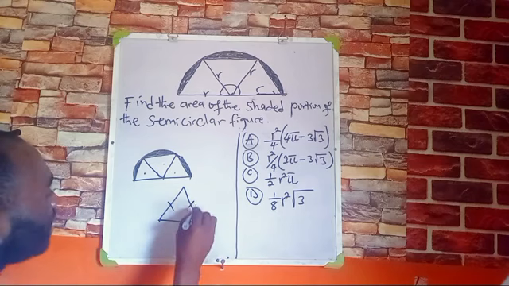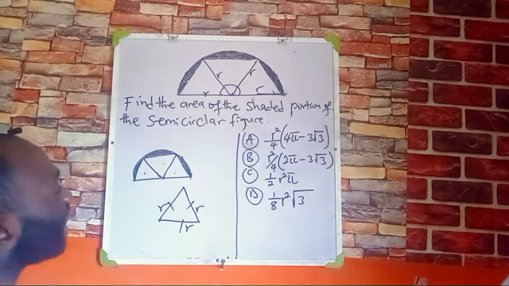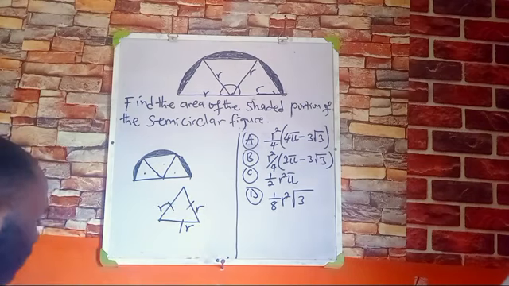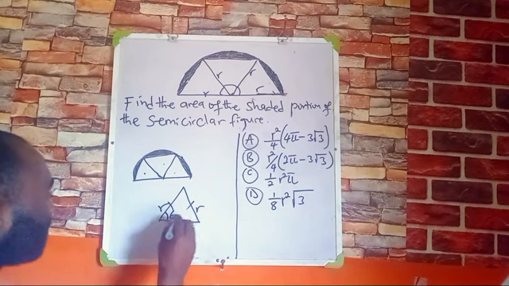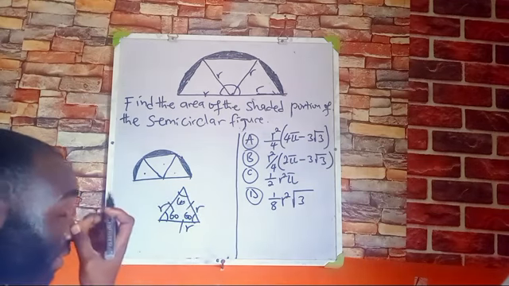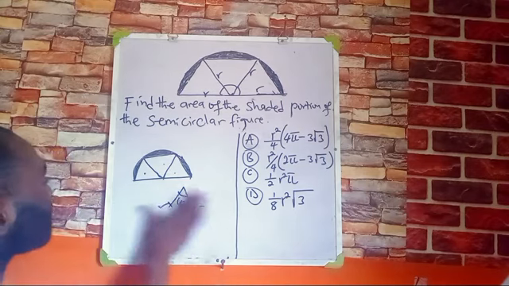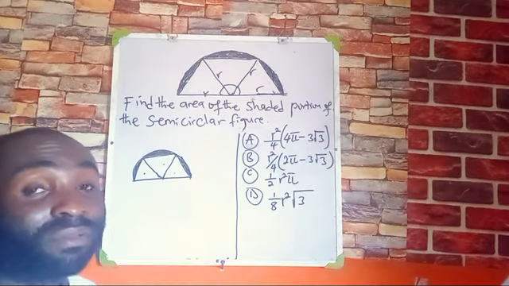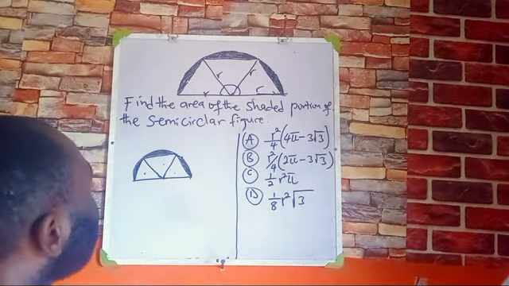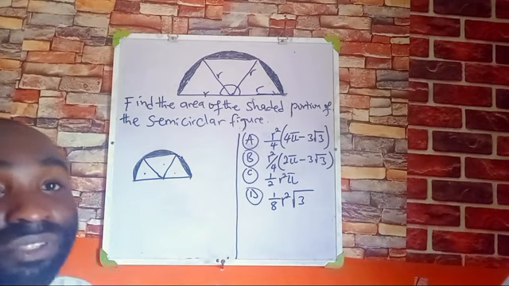If here is R, here is R, here is R, the three sides are equal, and the angles are 60, 60, 60. This is a typical example of an equilateral triangle.